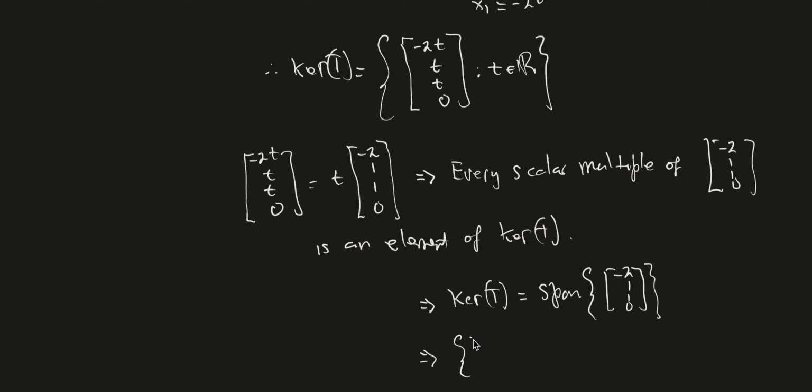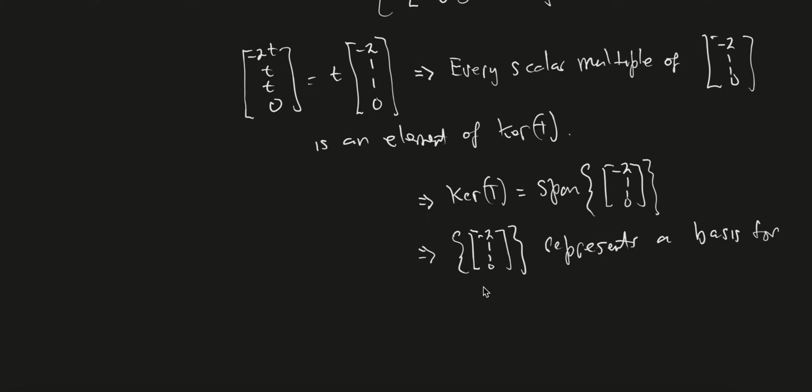All we need is one single vector, and simply by scaling that vector, there's no addition here because there's no second or third vector to add it to, this represents a basis for the kernel of T. And remember how we defined dimension: the number of vectors in a basis.